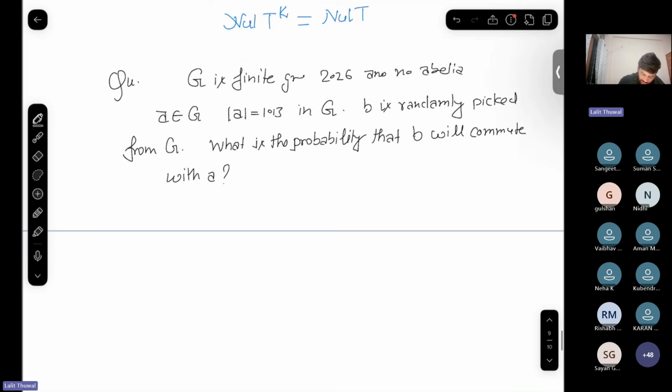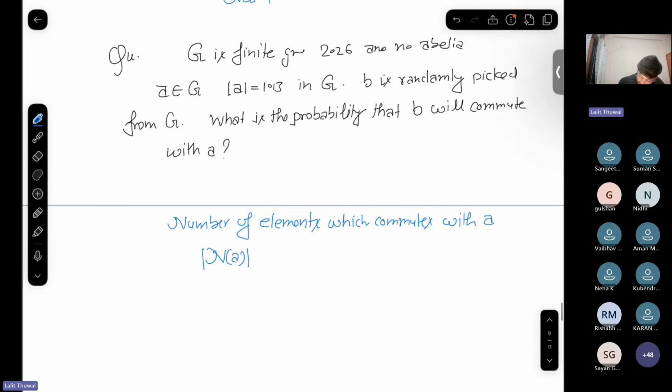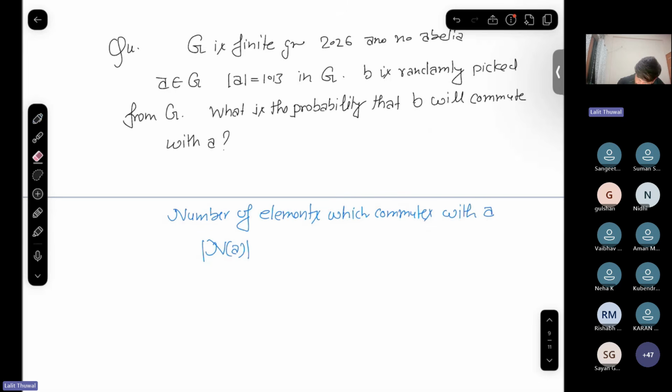First of all, the number of elements which commute with A, that is the cardinality of N_A. Since G is non-abelian, the cardinality of N_A must be strictly less than the order of G, right?